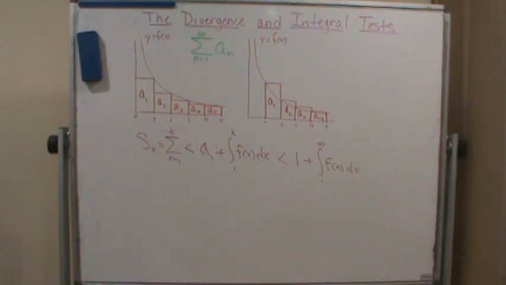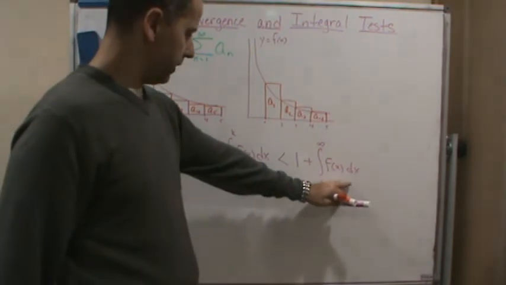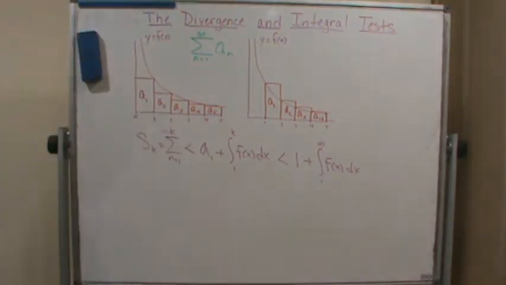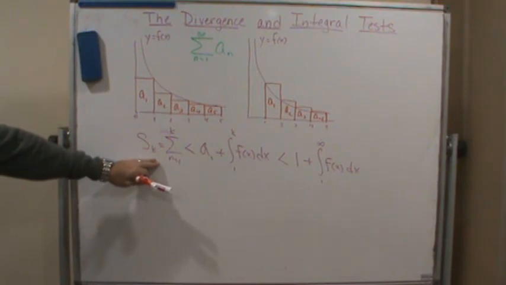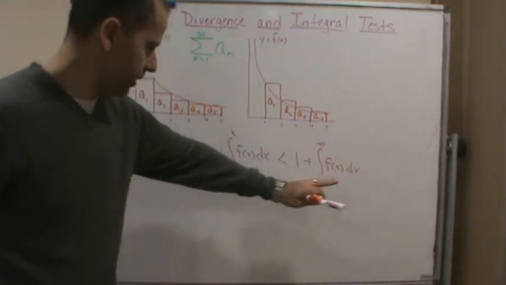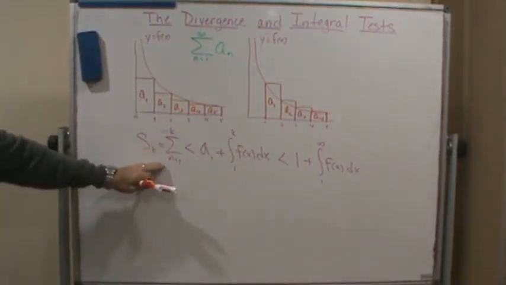And then the conclusion is the series converges. So let me say that again. If this converges, then the sequence of partial sums is bounded.